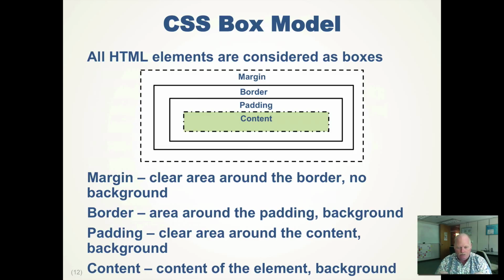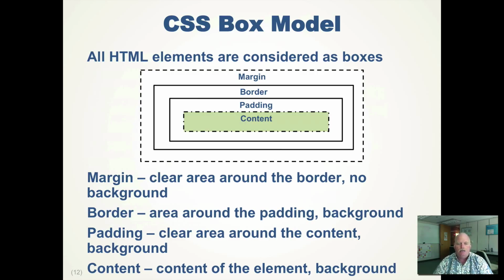Around the content is padding, which allows you to give a little space from the content to a border, which allows you to have a border around the content. And then there's a margin that allows us to give space between this element and the one adjacent to it, left or right or top or bottom. So all of these, the margin, the border, and the padding, allow us to change the shape of the box.